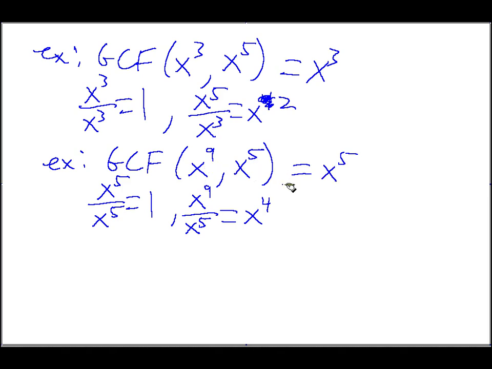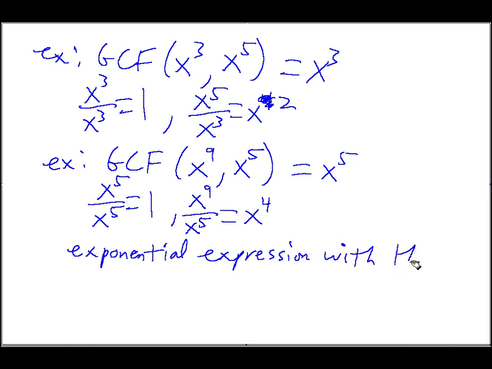X to the 5th. Lowest power wins. So the exponential expression with the lowest power, or lowest exponent, I should say, is the GCF.